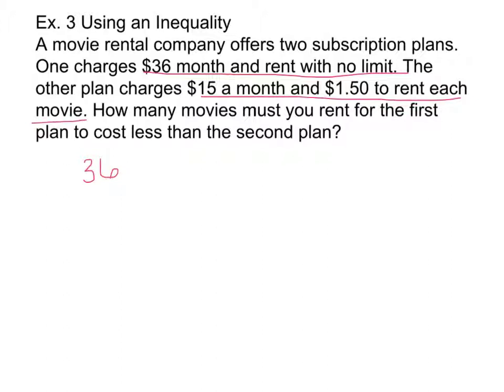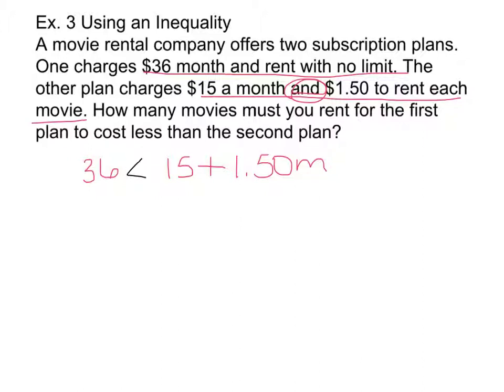So we have $15 a month, and that word "and" means plus $1.50 for each movie. So you can let it represent whatever you want. I'm going to put M for movie. And so since you want the first plan to be less than the second, then we're going to put less than.